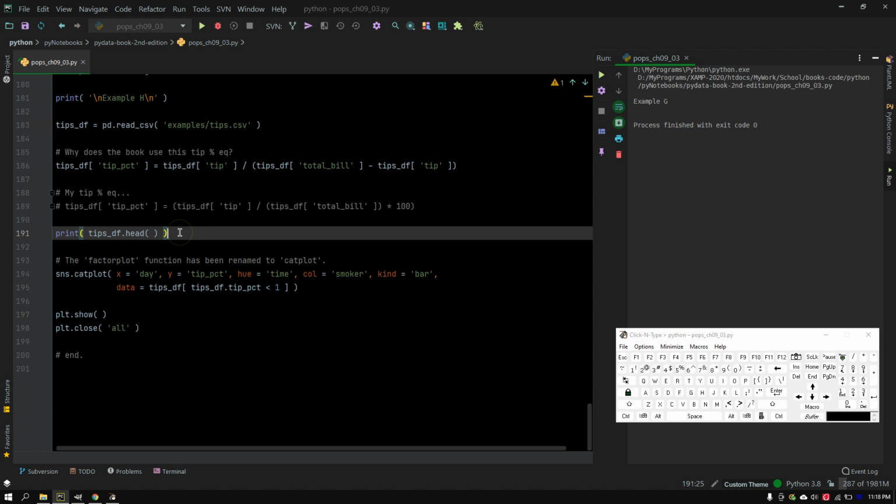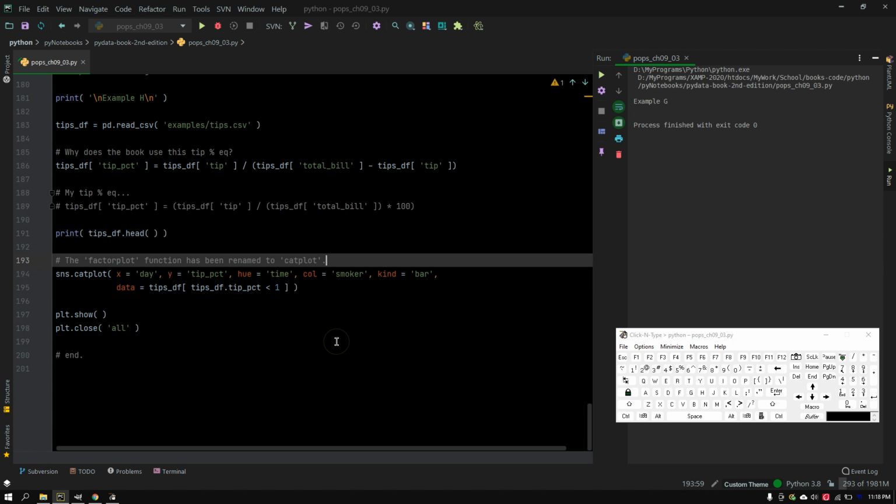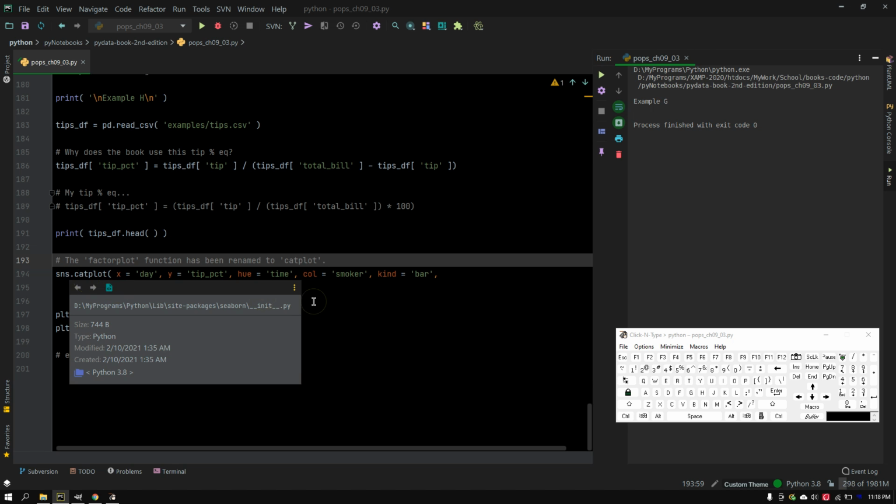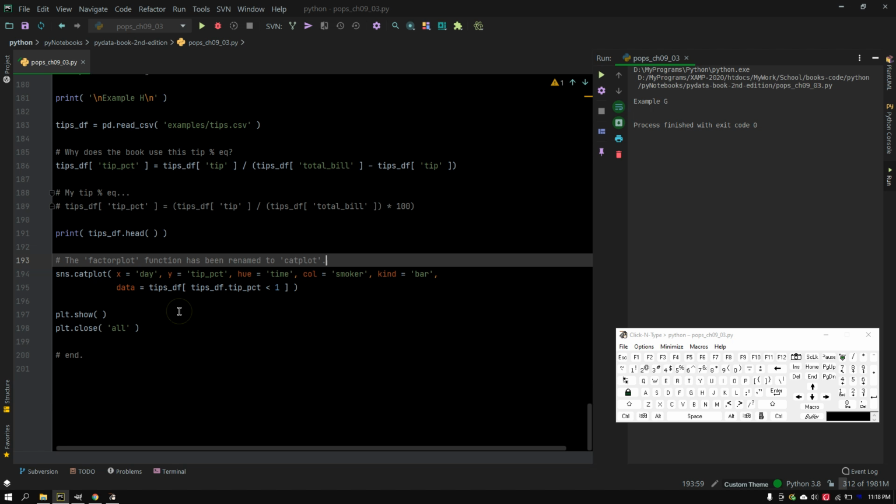We're going to display the first 10 with the head function and use the factor plot function. In the book it says factor plot, but apparently it has been renamed to cat plot, categories plot. It's Seaborn categories plot. The x is going to be the day. The y is going to be the percentage of the tip. It's going to give us a view on the time.